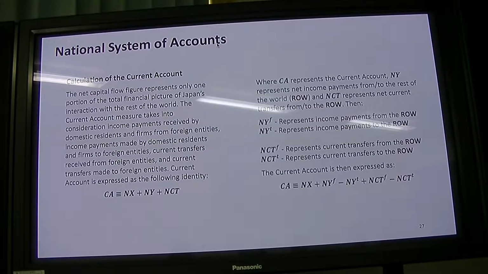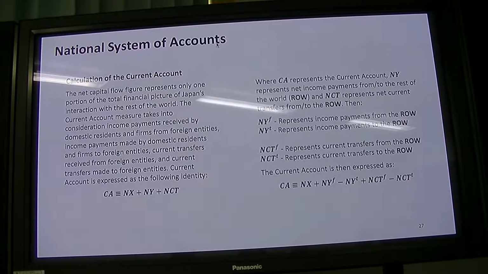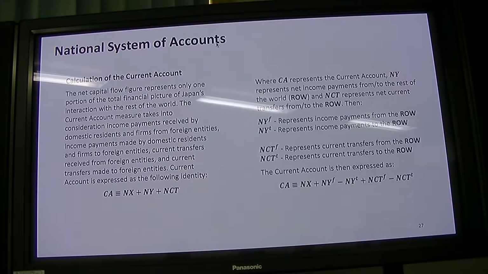So the balance of payments tells us the net position of a country, and each one of these describes certain aspects of a country's economic relationship with the rest of the world. These are different accounts to understand the different pieces that make up the total economic relationship that a country has with the rest of the world.